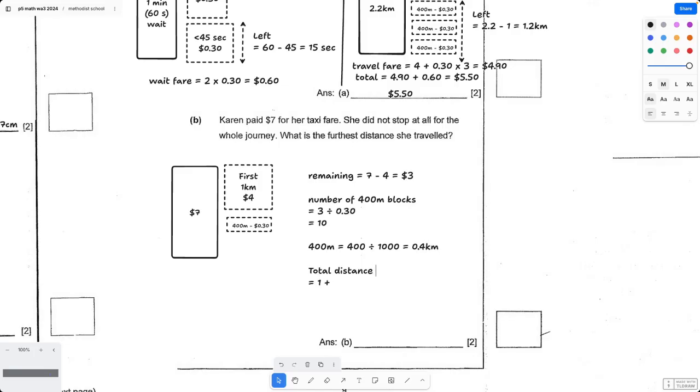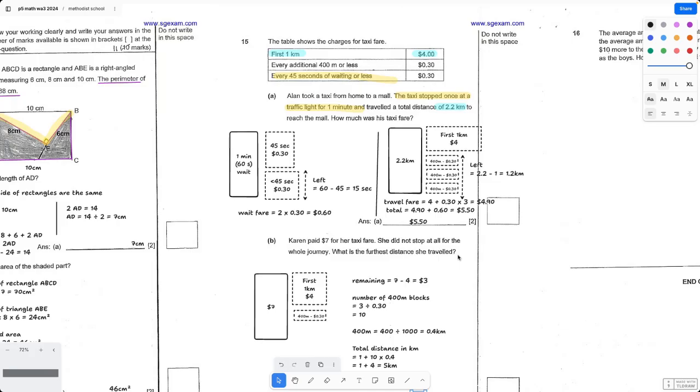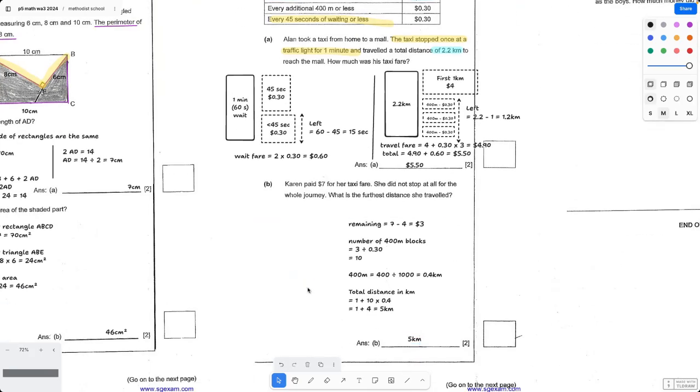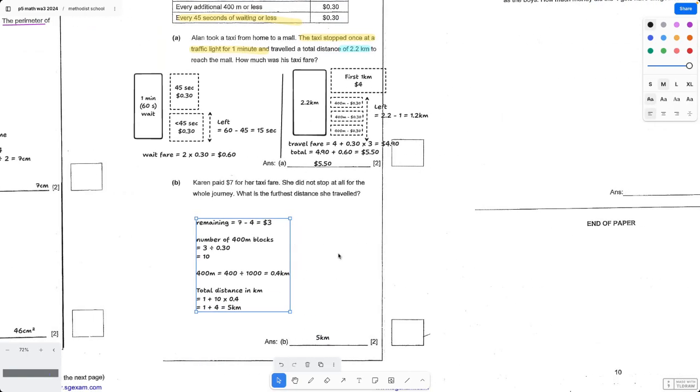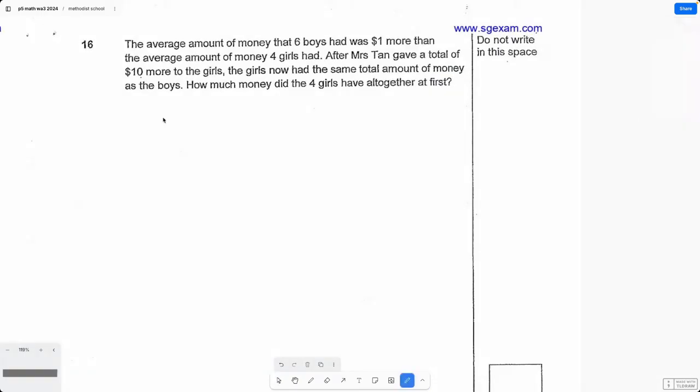So the total distance in km is 1 plus 10 times 0.4, which is basically 1 plus 4, equal to 5 kilometers. Okay, you can put meters as well, right? But either way, it should look something like this. All right, let's move on to the last question.